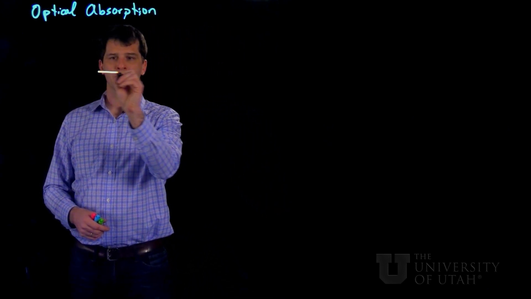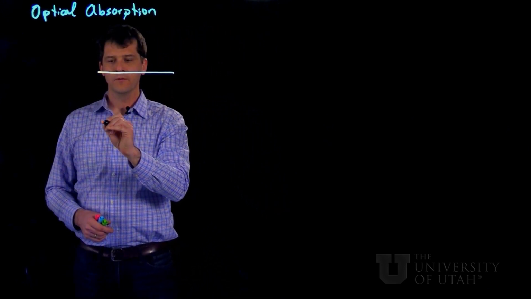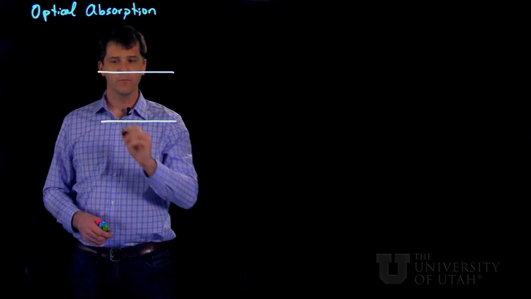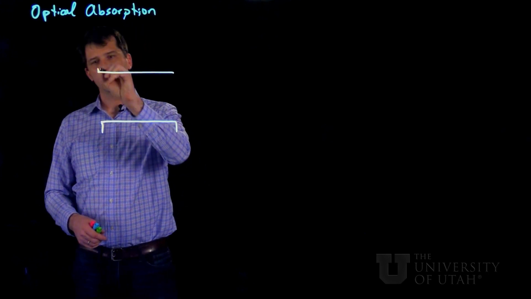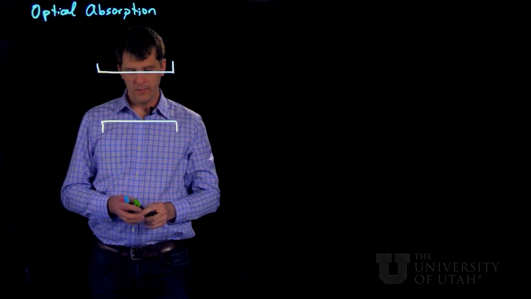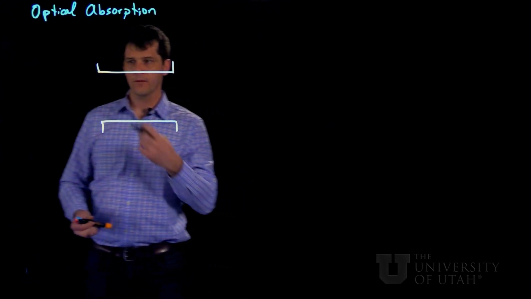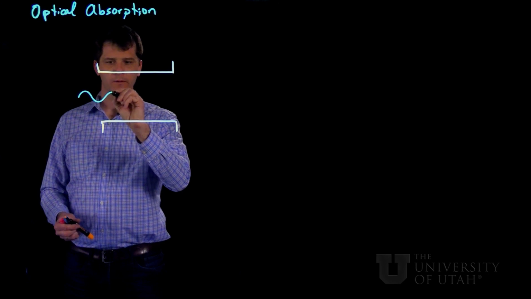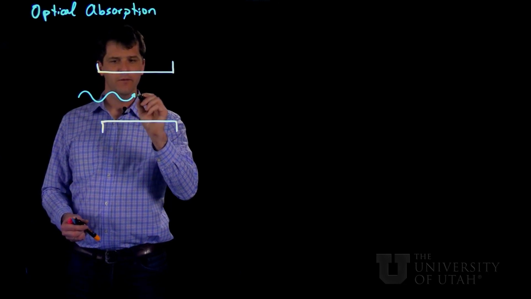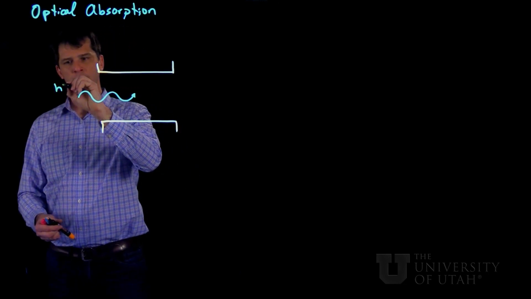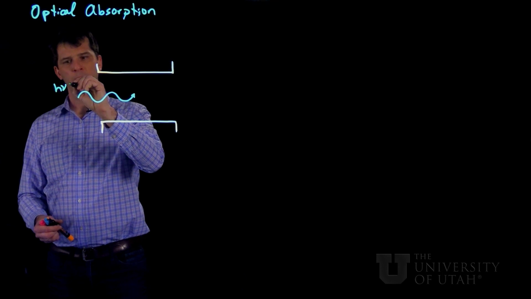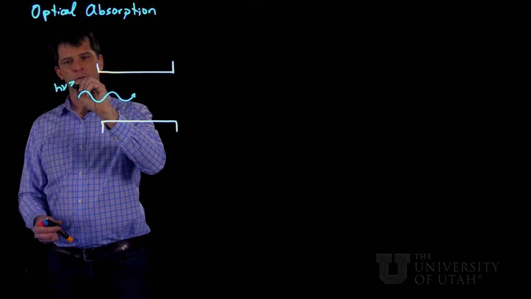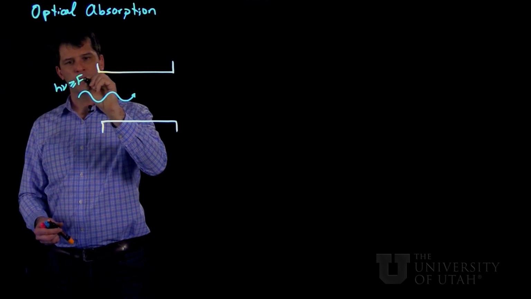So we're going to represent our semiconductor simply first as just the conduction band and valence band. And the easiest thing to envision is the absorption of a photon with exactly enough energy to get across the band gap.